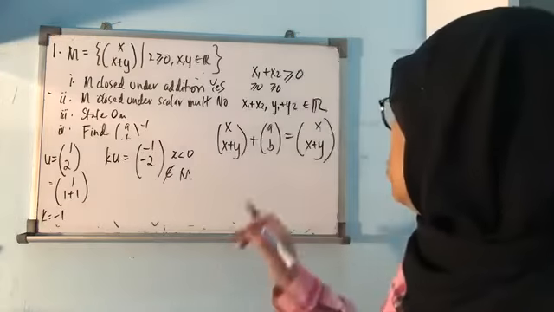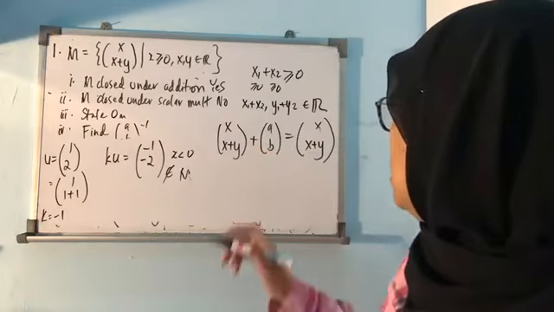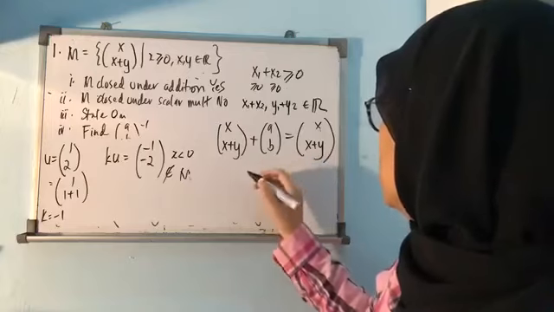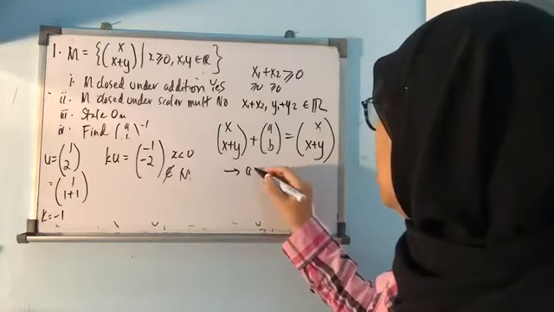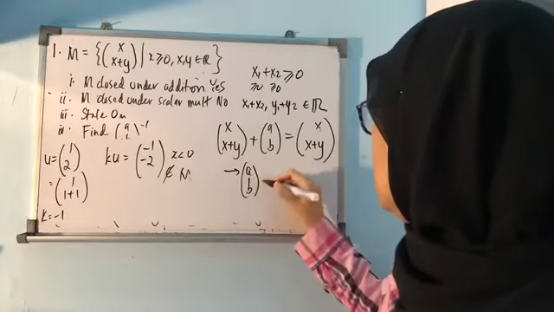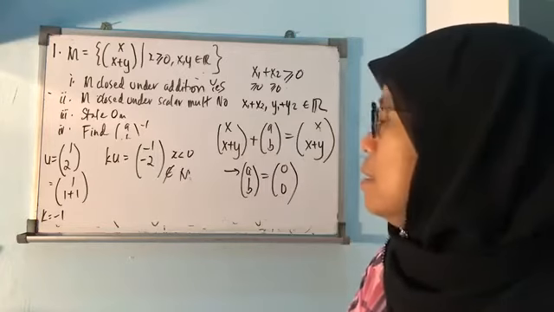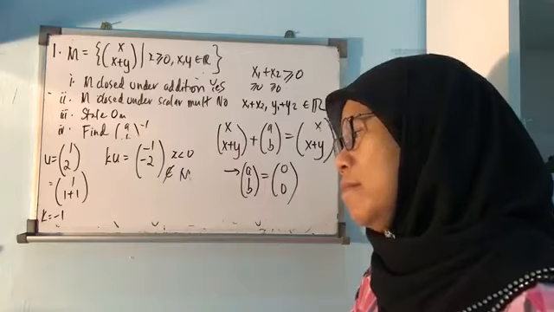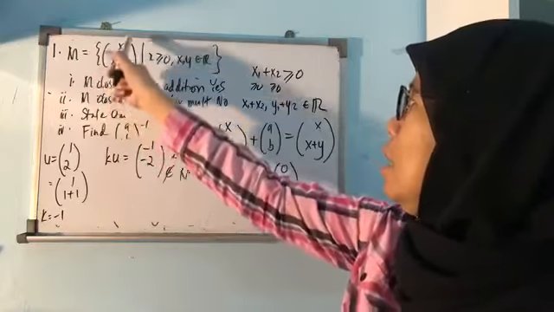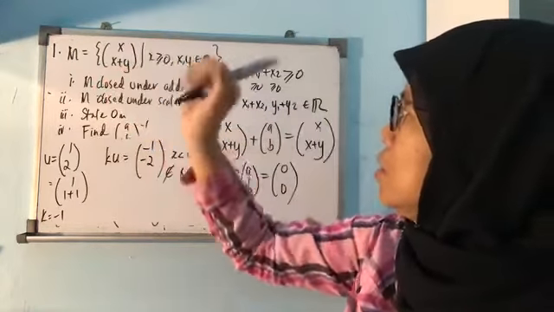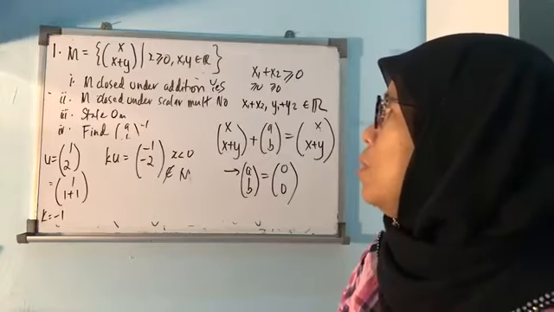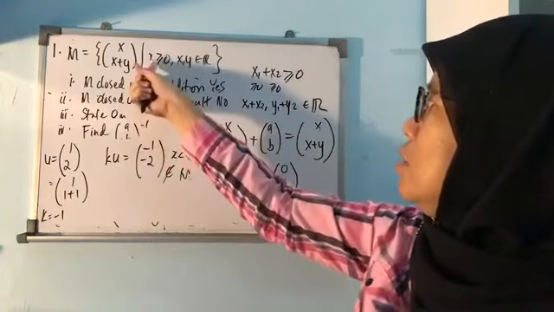Okay. So what are a and b? You solve this, you get (a, b) is (0, 0), right? Okay. So (0, 0) is in M. When x is 0, y is 0.